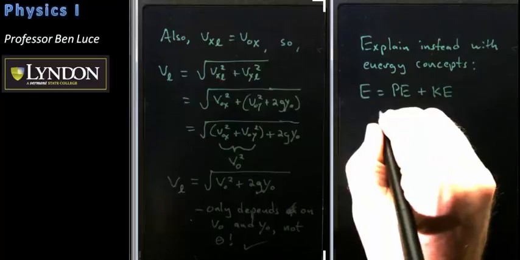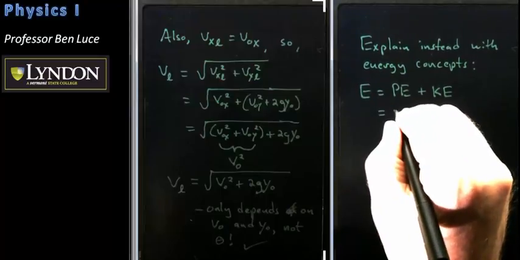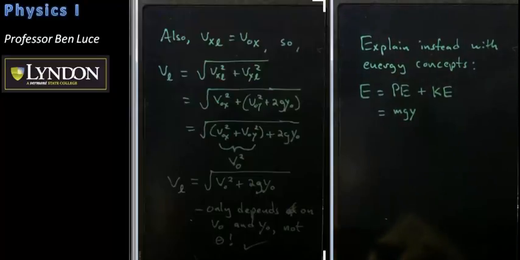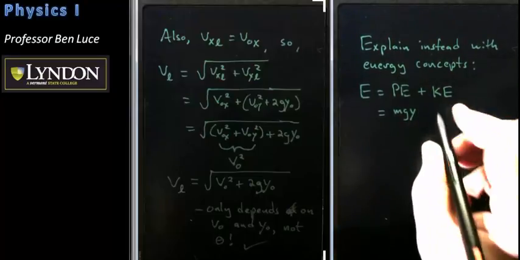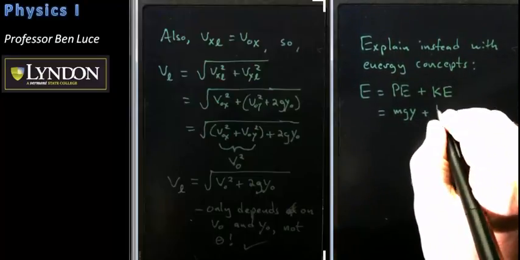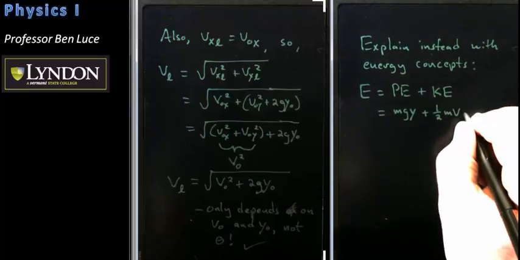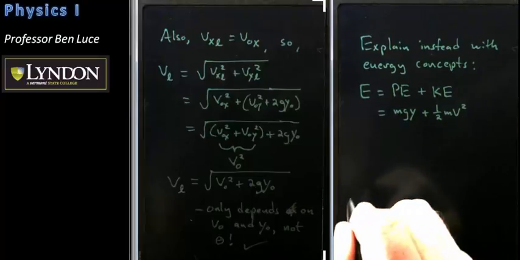And we're going to see later on in the course that the potential energy here can be expressed as mg times the height, and the kinetic energy can be expressed as 1/2 mv squared.